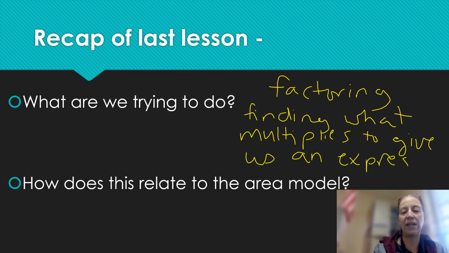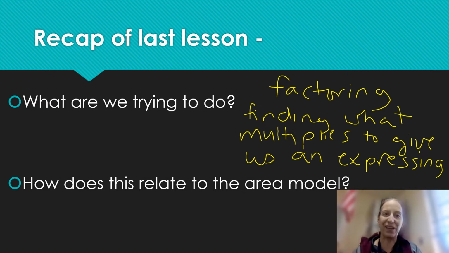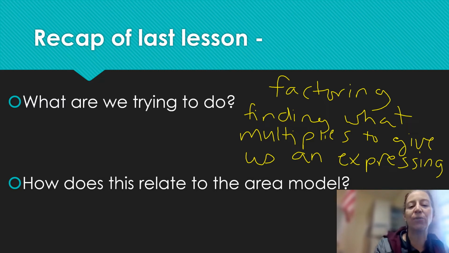Okay, so that's what we are trying to do. Now, why we're trying to do it, we haven't covered that yet. That's going to have to do with actually solving the equations. So factoring would be one step in a bigger process. So that's what we're trying to do. We are trying to factor. What is factoring? That is finding what multiplies to give us a specific expression.